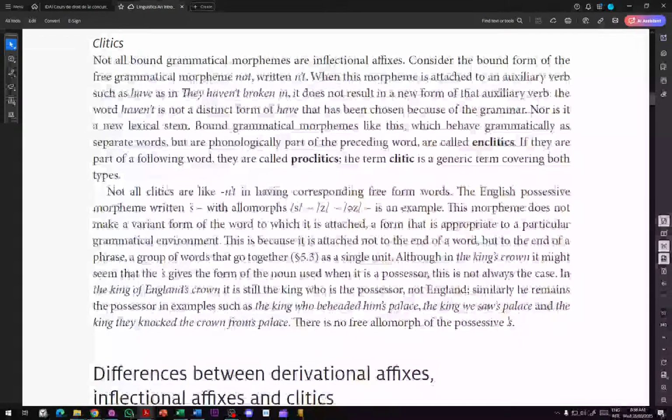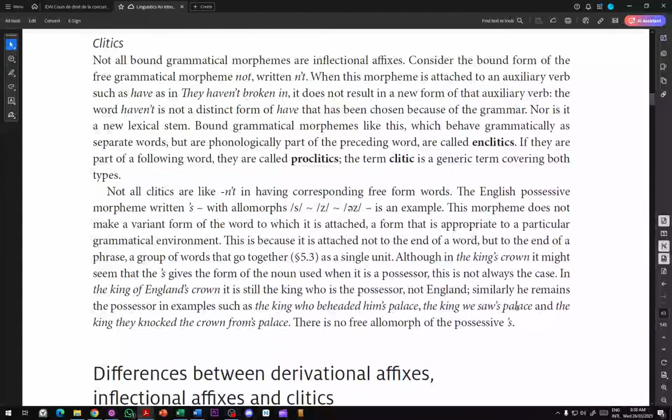The king we saw's palace. The king denied the crown from's palace. There is no free allomorph of the possessive s. Okay.